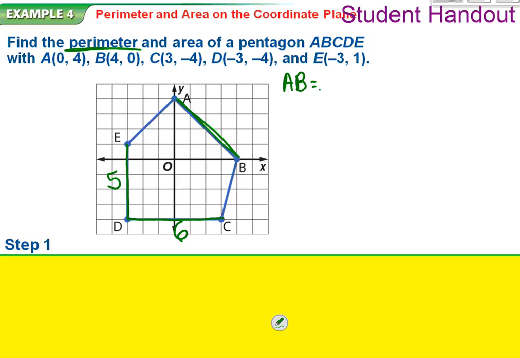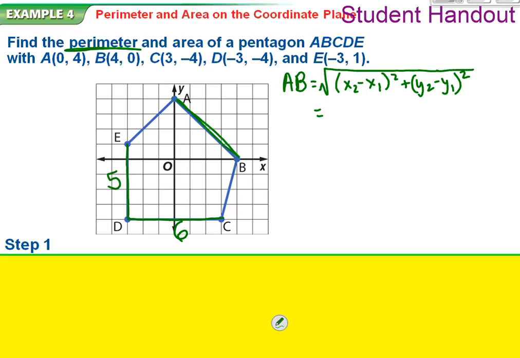Just a reminder, the distance formula is the square root of (x2 minus x1) squared plus (y2 minus y1) squared.